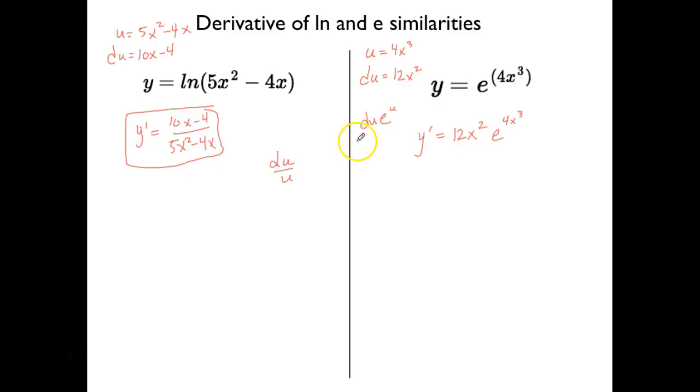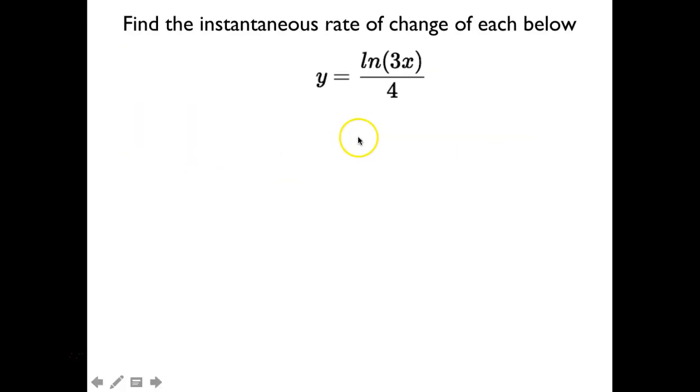Let's try a more difficult one. Find the instantaneous rate of change below. Remember, instantaneous rate of change means derivative. That is another key word for derivative. There are multiple ways to do this one. You can think of it as divided by 4.